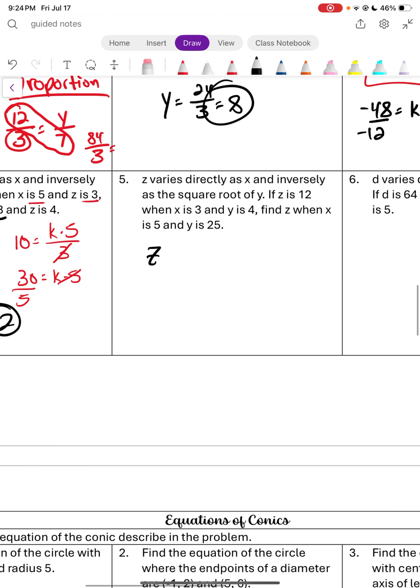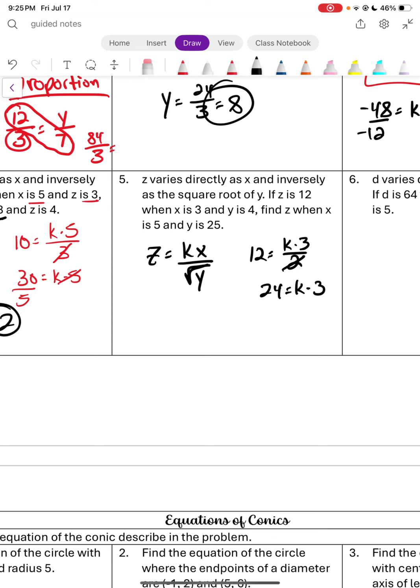Z varies directly as x and inversely as the square root of y. Directly as x, that means multiply. Inversely as the square root of y. They give you a scenario. Z is 12 when x is 3 and y is 4. So the square root of 4 on bottom would just be a 2. Multiply by 2 gives you 24 equals k times 3.